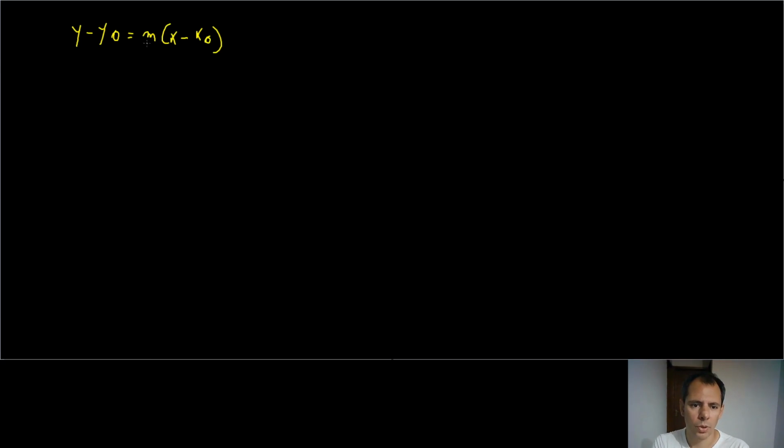The slope, we found out, is the angular coefficient of the tangent, and this is the same as the derivative of the function at the point, okay? So we're going to replace this with something like this: y minus f of x1. Now what is f of x1?